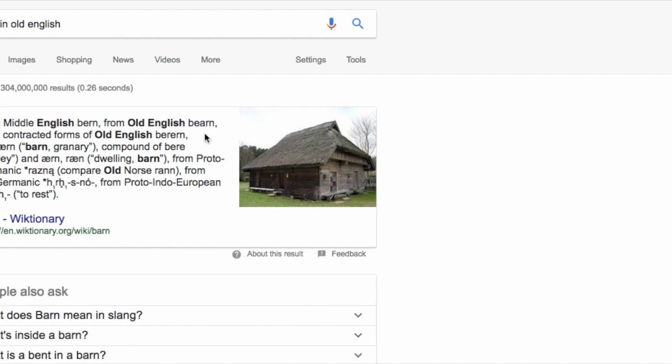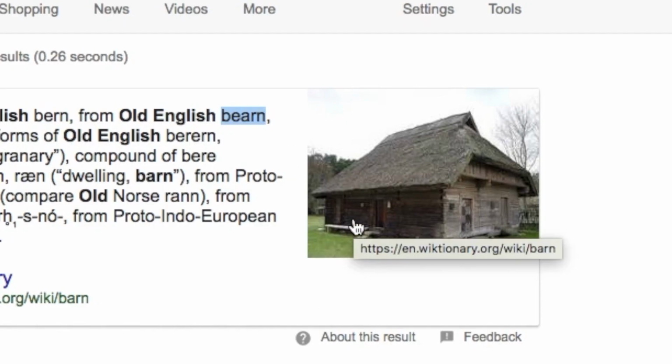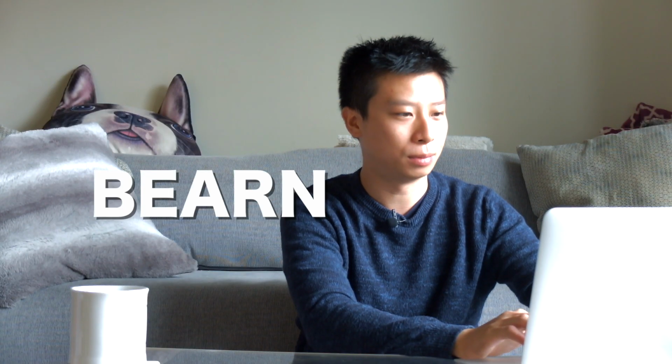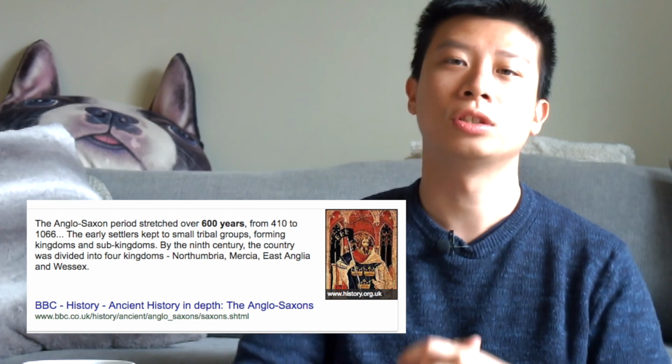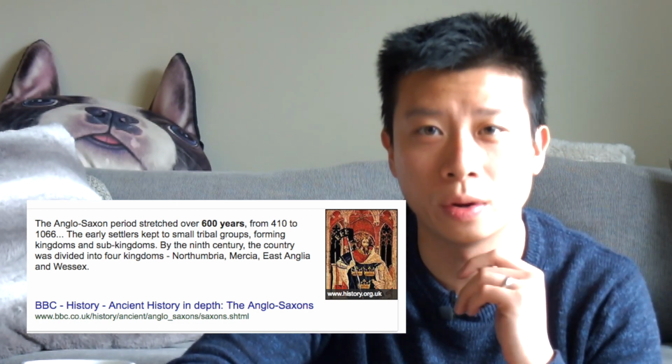There's actually quite a few, and the one I selected here is B-E-A-R-N, bearn. Old English is of course during the Anglo-Saxon period, and that's essentially what Beowulf is written in. So that may be something to work with there. All right, bearn. So we turned barn into bearn, and now well.